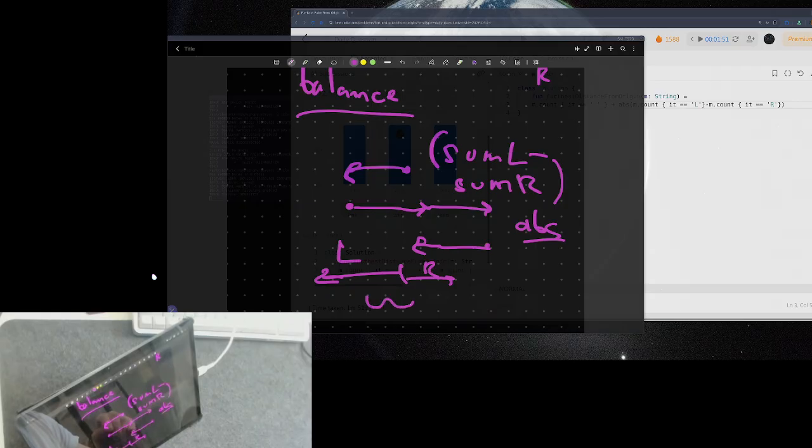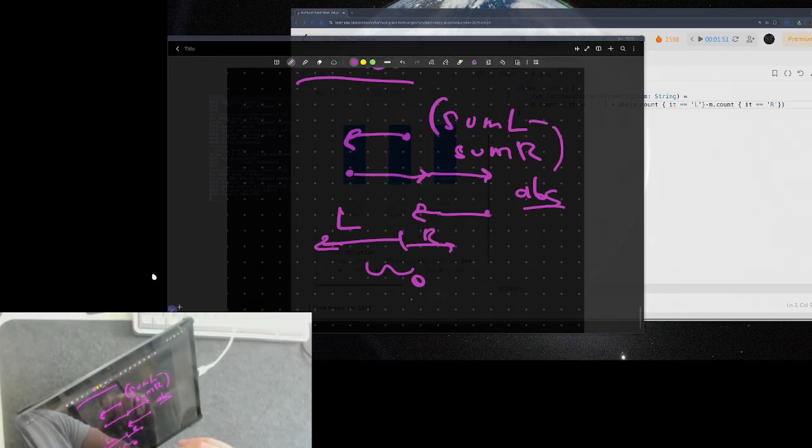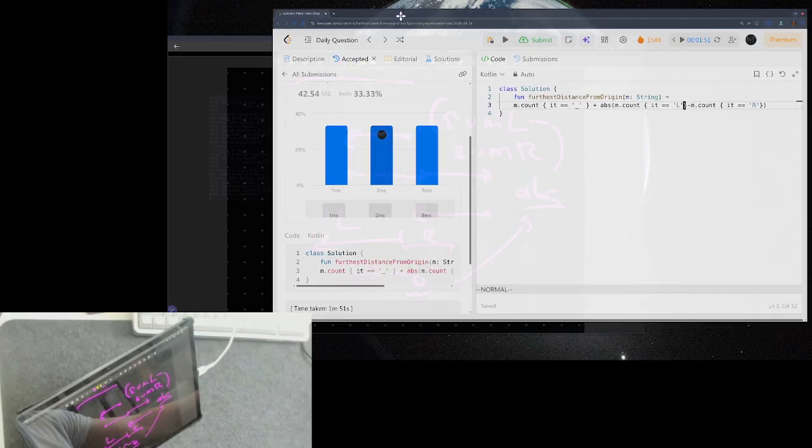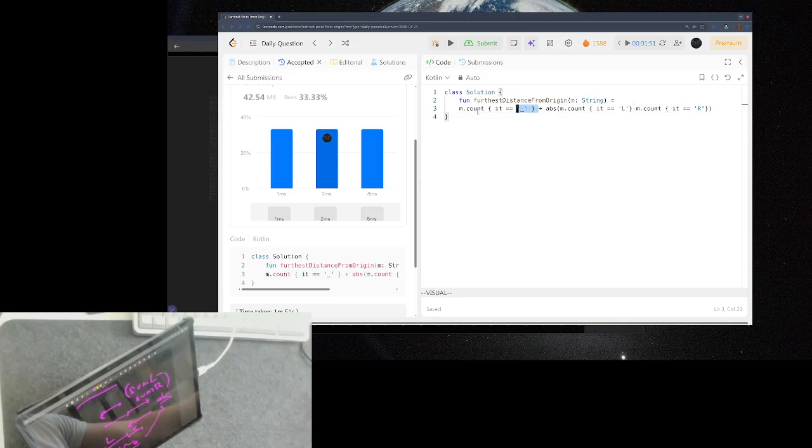What matters is the distance to 0. That's why you take this absolute value. Let's look at the code. This is my implementation. I use separate counters and I use the absolute value.